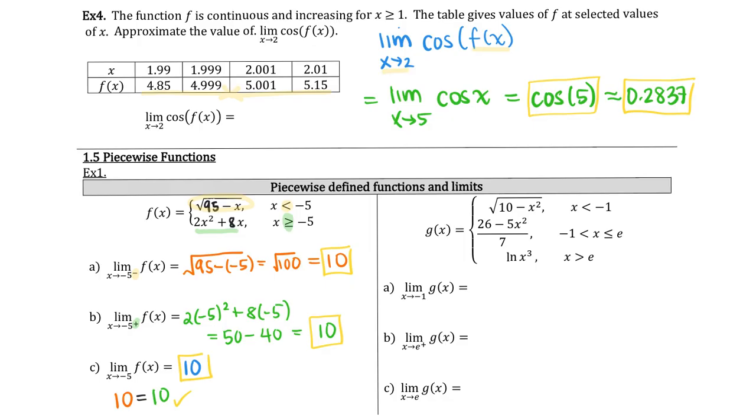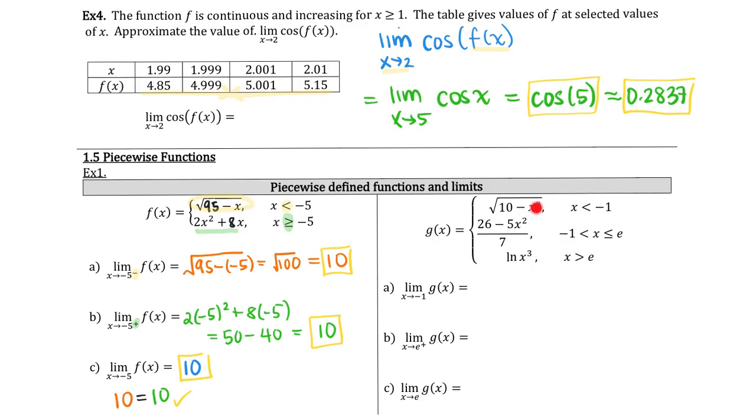Okay, this one says the limit as x approaches negative 1 of g of x. Now negative 1 is where these two functions are meeting. And actually, when x equals negative 1, it doesn't even exist, so I'm not worried about that. To check the limit as x approaches negative 1, I need to check the left and the right side.